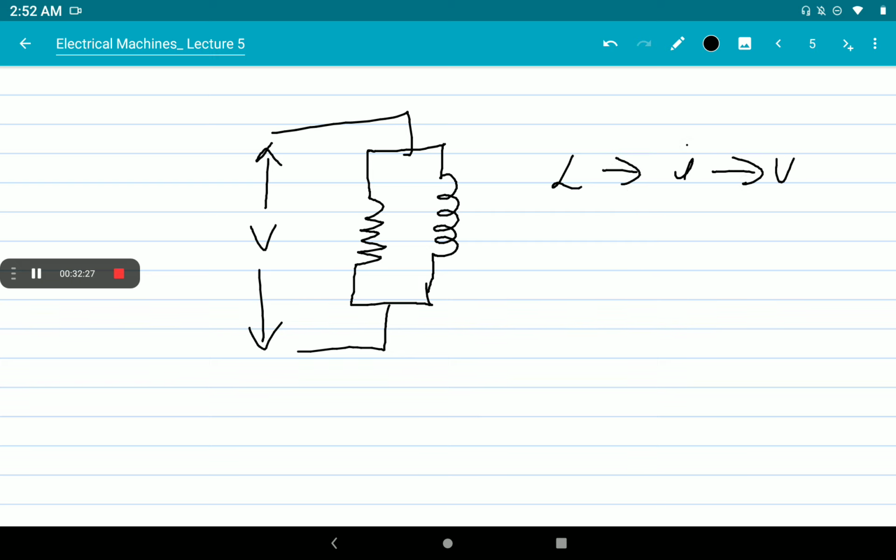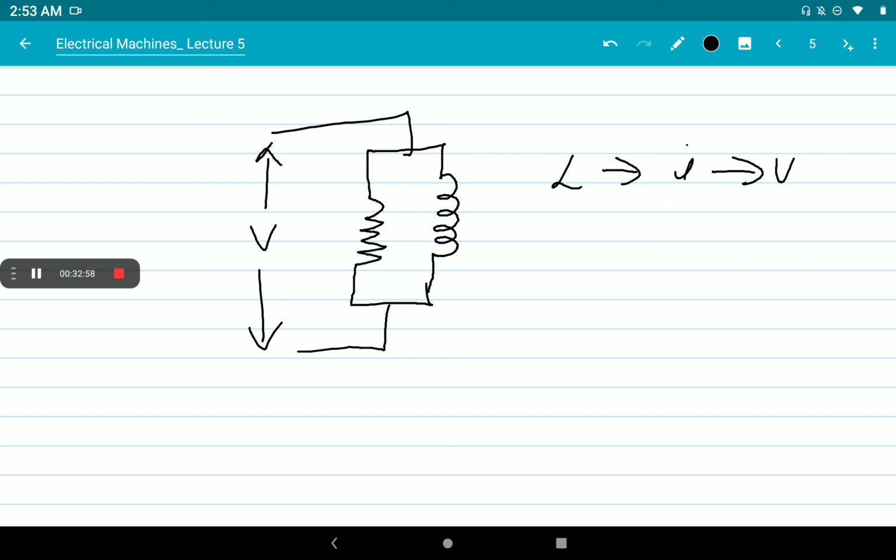So the effect of voltage on inductance, hysteresis loss and eddy current loss will be the same.